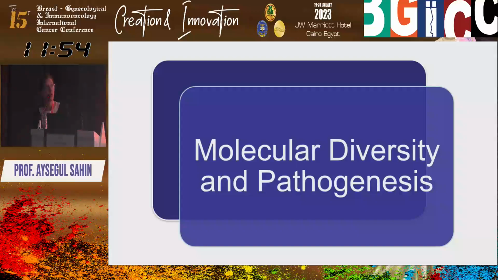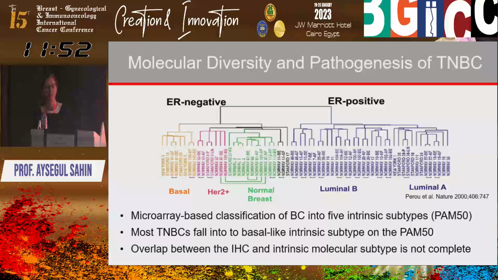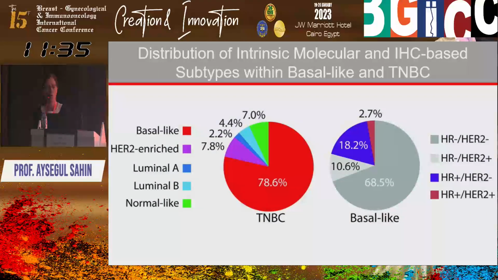molecular diversity and pathogenesis, as I mentioned before, with the initial studies of gene expression profiling of breast carcinoma, the triple-negative breast carcinomas were classified under the basal-like breast carcinomas.